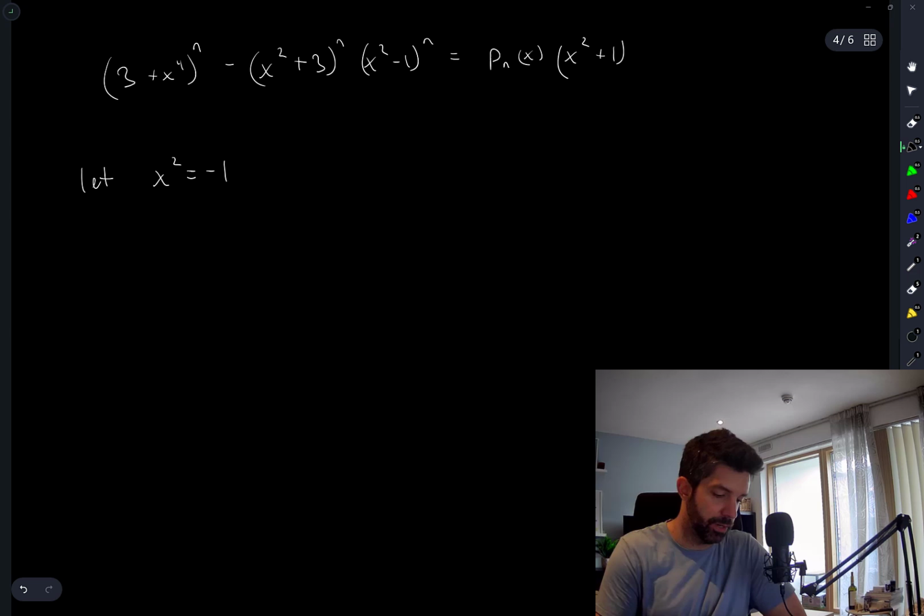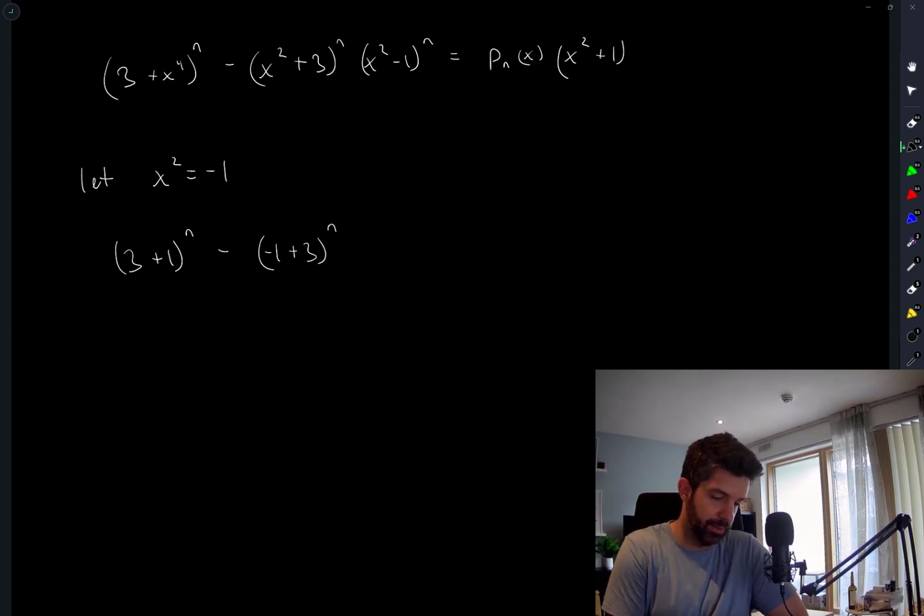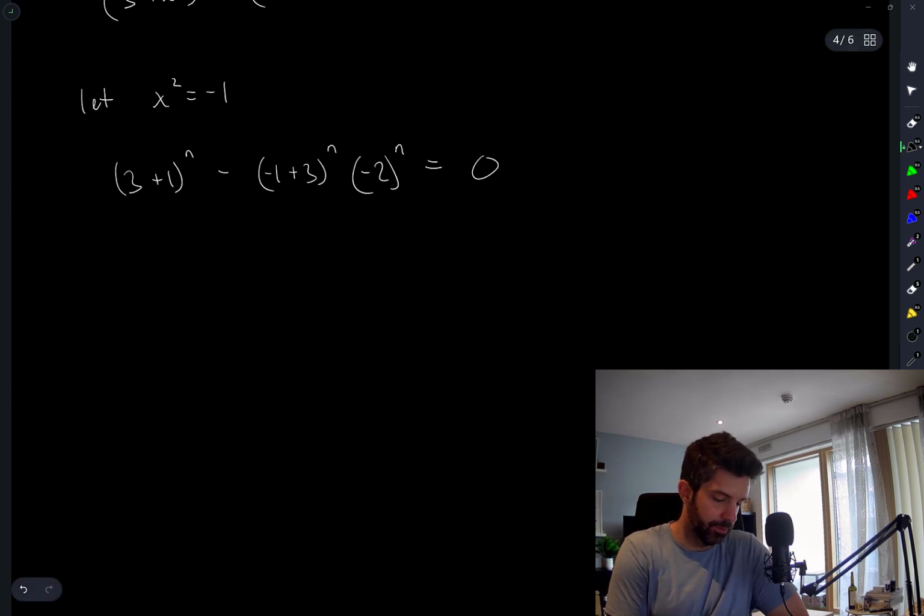So x is imaginary, that's fine. So then here I have (3 + 1)^n − (−1 + 3)^n(−2)^n has to be equal to 0. So I have 4^n − 2^n times (−2)^n is equal to 0.